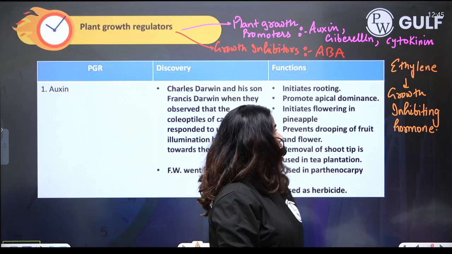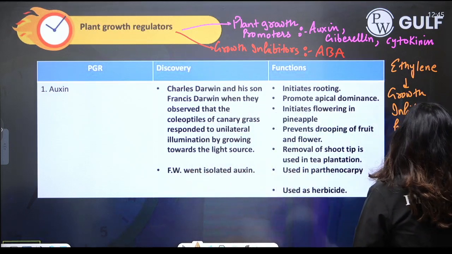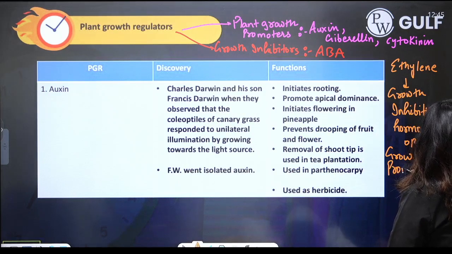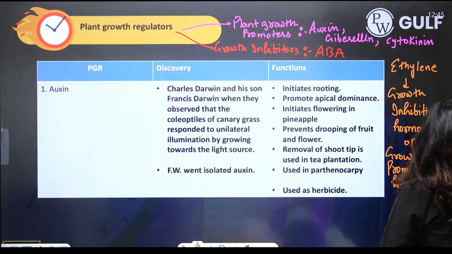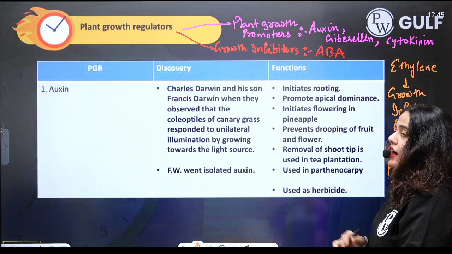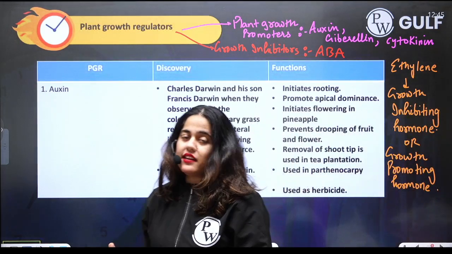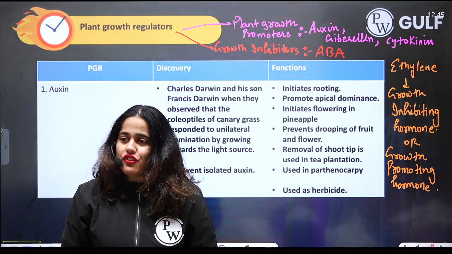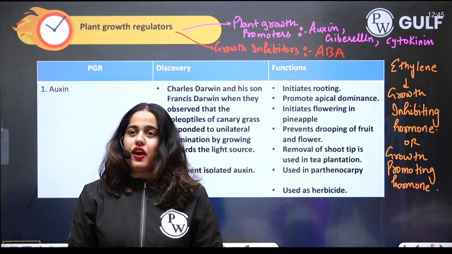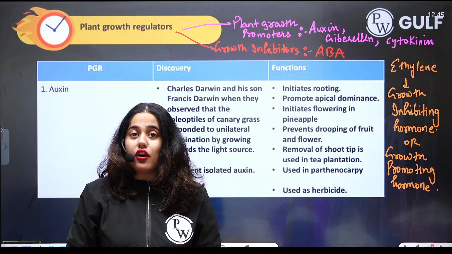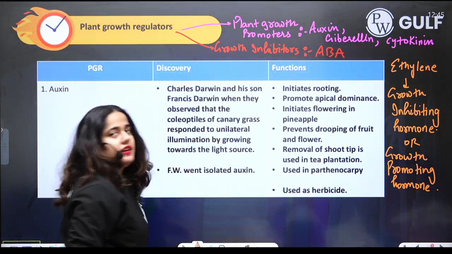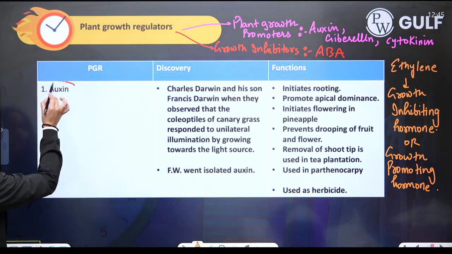Or it can be a growth promoting hormone, right? So ethylene can fit in either of these categories. Either it can promote the growth or it can inhibit the growth. So in this revision, we are going to revise the functions and the discovery of these hormones, and we will start first with auxin, right?